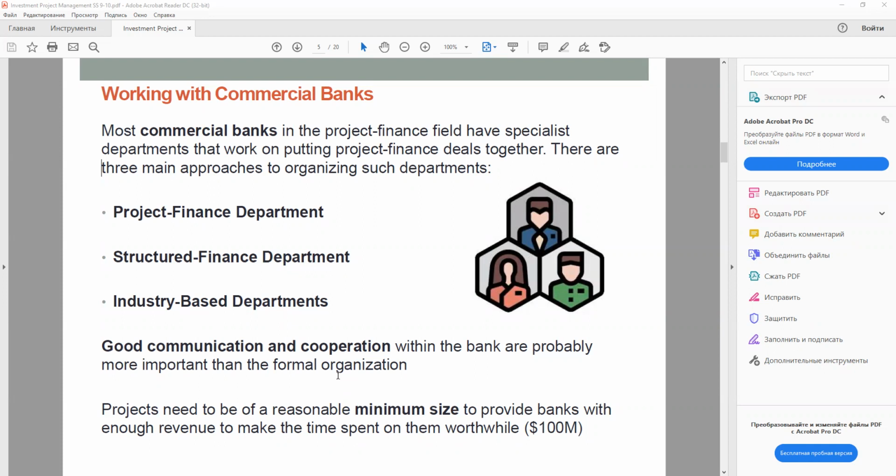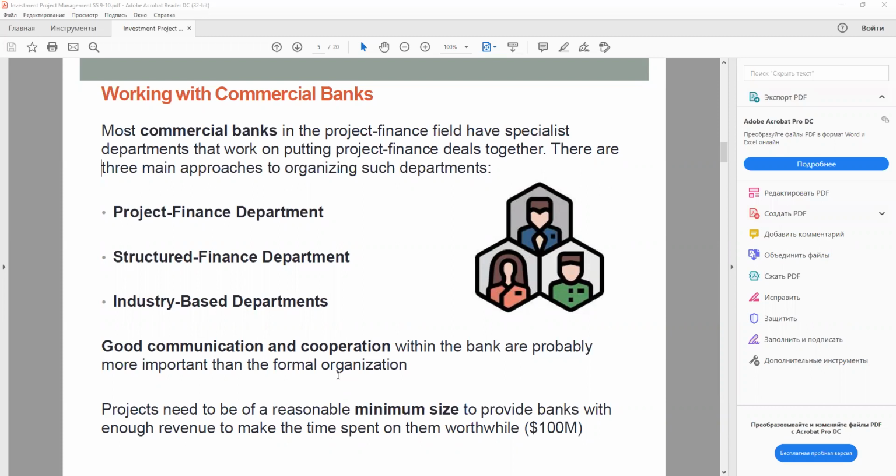For example, we approached several top 5 banks in Russia for the project finance, and yes, there is some minimum amount of financing that can incite a bank to participate in such a financing project, and it's about from say 500 million rubles, so it's roughly 5 to 6 or even 7 million dollars.